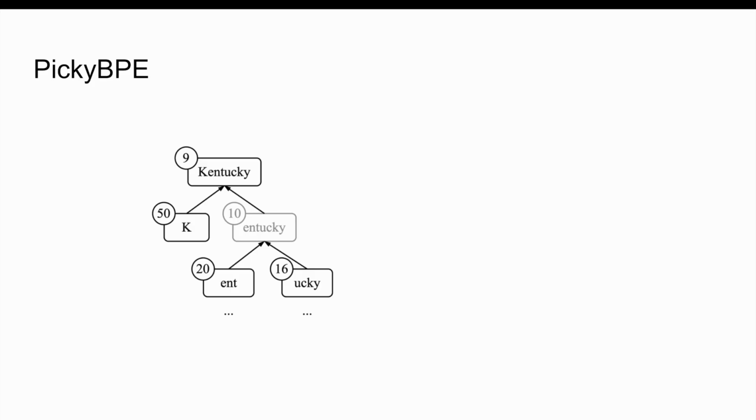If we have the word Kentucky, which is in the end merged with K and Kentucky, the intuition is that Kentucky is one of these tokens that you're not seeing very much outside of the context of Kentucky. It's basically only there to merge and create this bigger token. And to identify these cases, we propose this metric, intersection over self, which is a relationship between the frequency of the Kentucky token and the frequency of the larger token that it's part of.